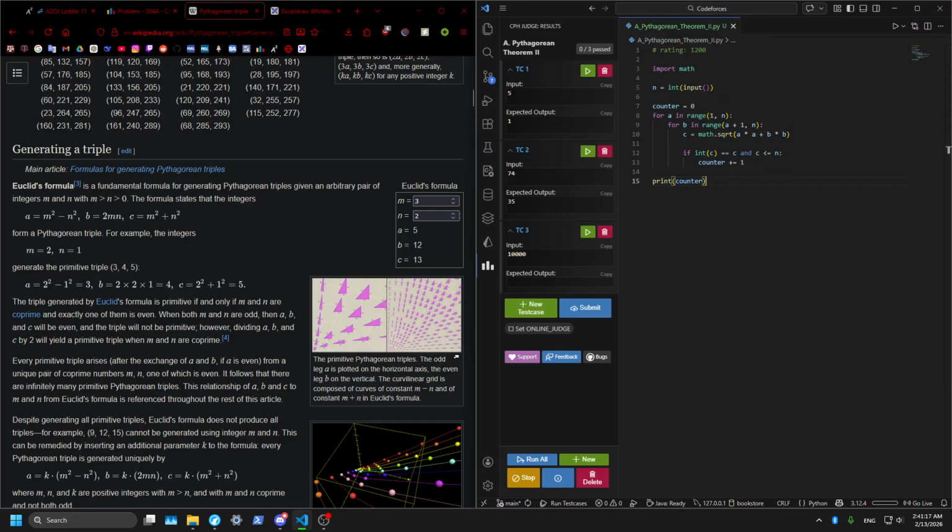So basically, the idea is you iterate m between 2 and square root of n plus 2, and then n between 1 and m, and then you check that m minus n is odd and GCD of m and n equals 1, and then you set up this thing, and if c is greater than n, continue, else you count the multiples.